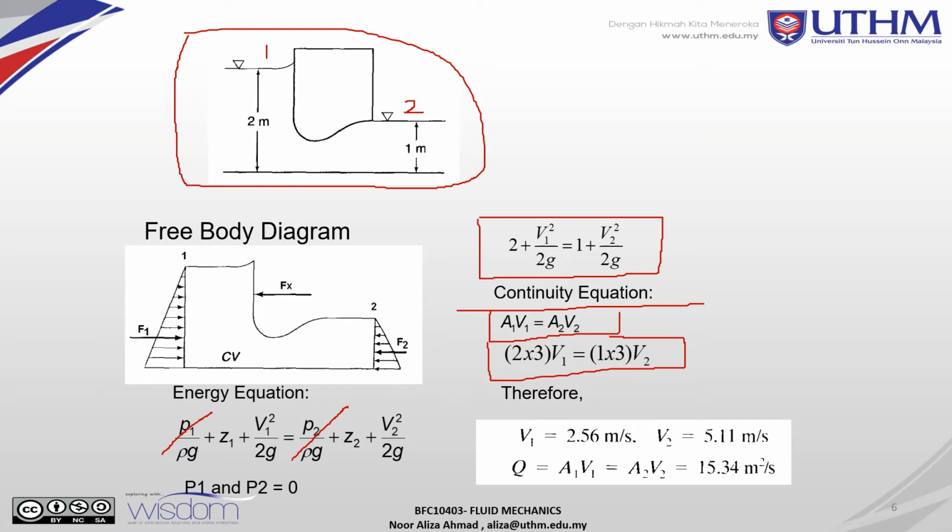So Q is equal to A1 times V1, equal to A2 times V2, because we use the continuity equation, so the same value of Q.